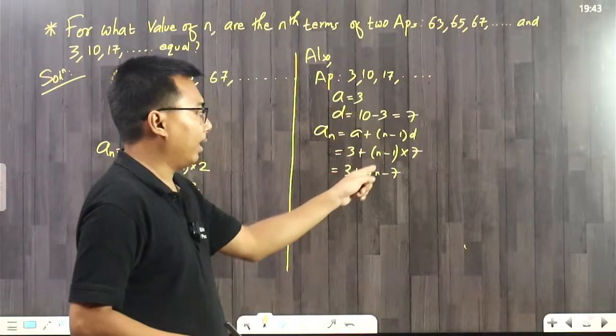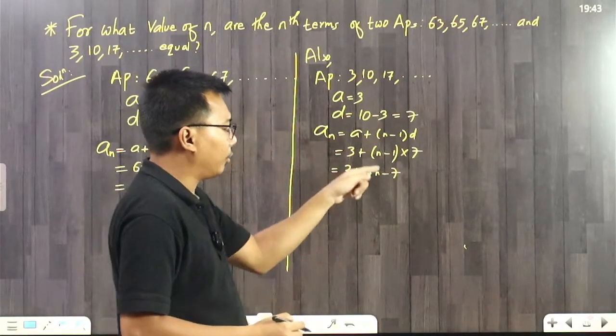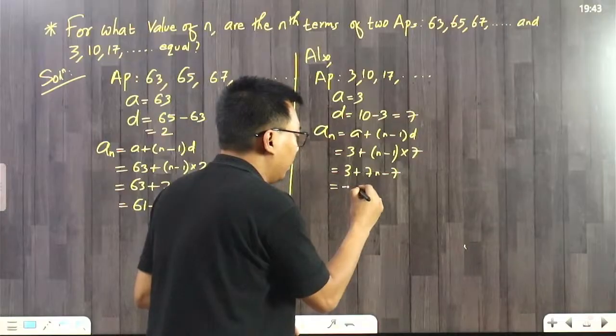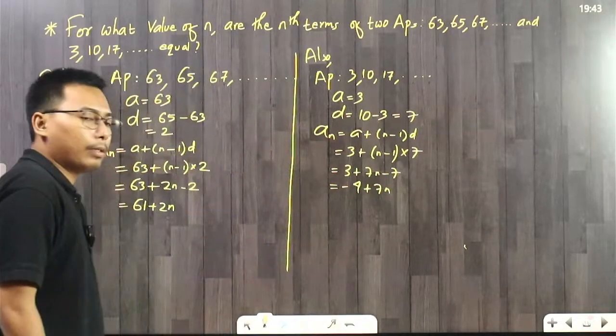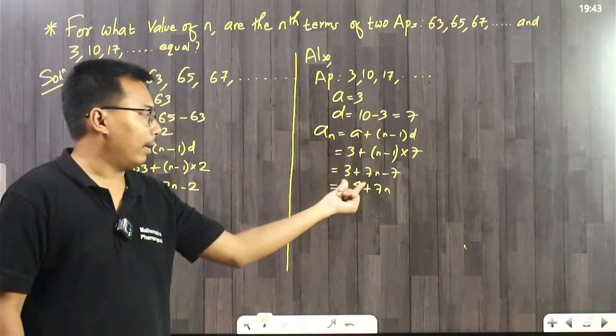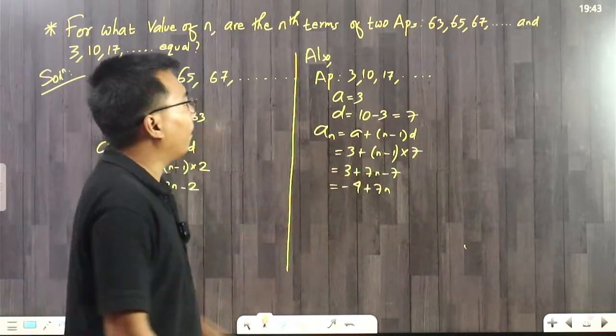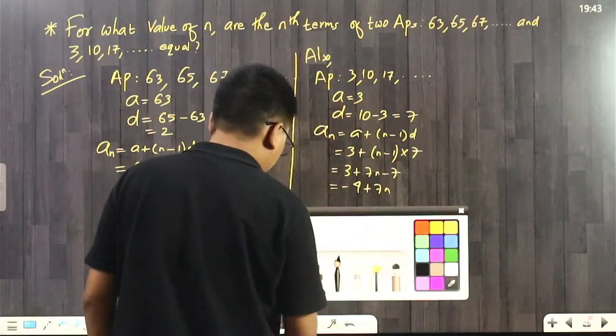Now 3 minus 7 will be minus 4, plus 7n. I hope this is clear. Now, see the nth term, just read this.